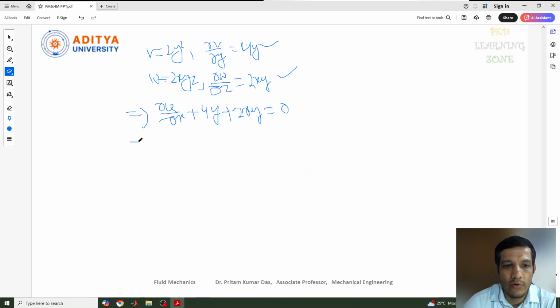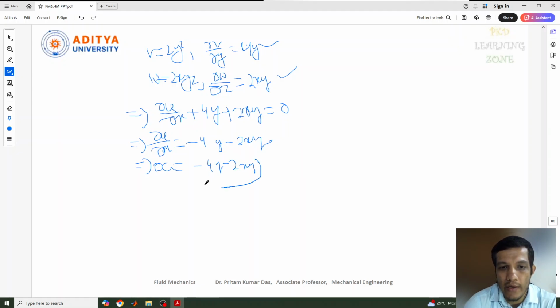Now the same thing again: we'll keep del u by del x on one side and take the remaining terms to the other side, that is minus 4y minus 2xy. Now again the same thing: I'll write del u, and take this del x to the other side. So minus 4y minus 2xy, whole bracket, del x.